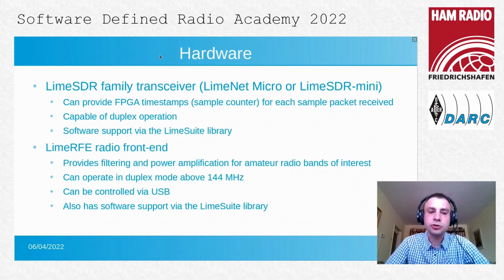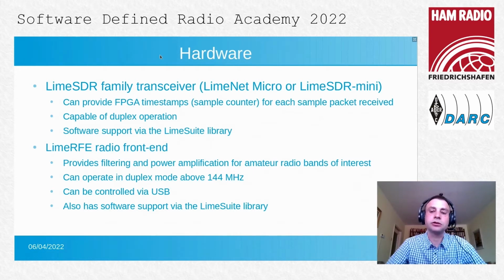And the most crucial ability is that they can provide FPGA timestamps, which are actually implemented as a sample counter in the FPGA gateway. And this counter is set for each sample packet received. Essentially, we can derive the timestamp due to the fact that we know the exact sample rate the device uses.